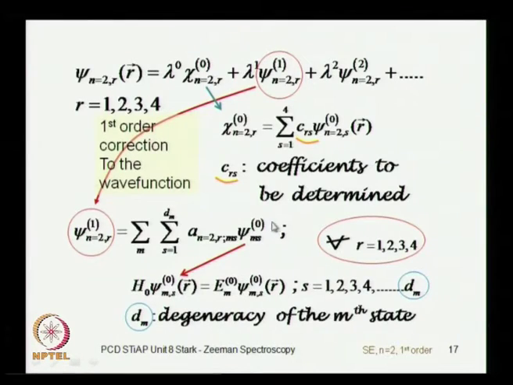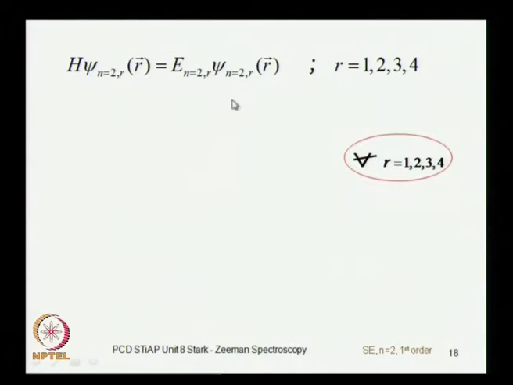This is of course the unperturbed eigenstate corresponding to the mth degenerate state, but this depends on to what extent the level Em is degenerate, and this will again go as n square for n equal to m. So that is the degeneracy of the mth state.